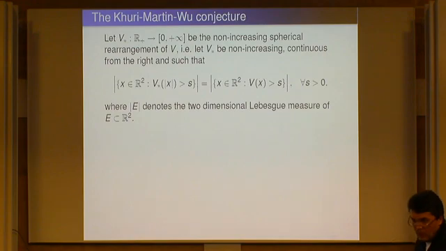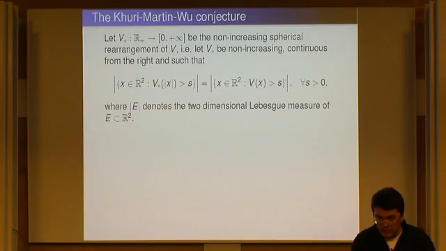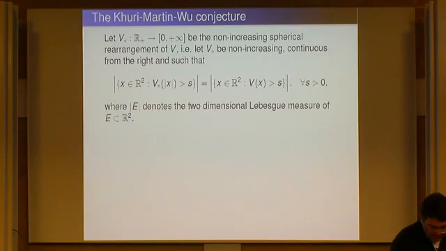The stronger that potential is, the more it will kick out. And you think that if you make the potential radially symmetric, by rearranging, it should be stronger. It should kick out more eigenvalues than a non-symmetric one. And it seems reasonable.